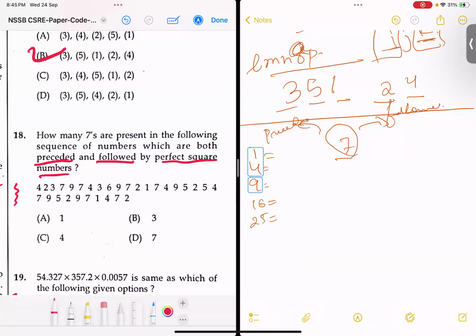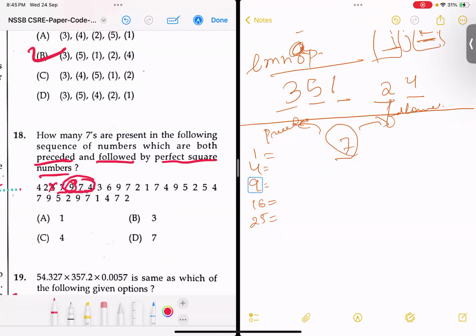Now let's look at it. So this 7, it is followed by a perfect square, 9 is a perfect square, but 3 is not a perfect square, so we'll leave it out, okay? Now let's see this 7. It is preceded by 9, which is a perfect square, and it is followed by 4, which is also a perfect square.